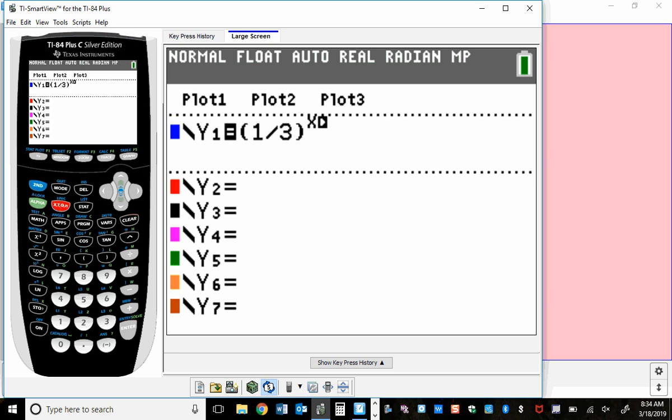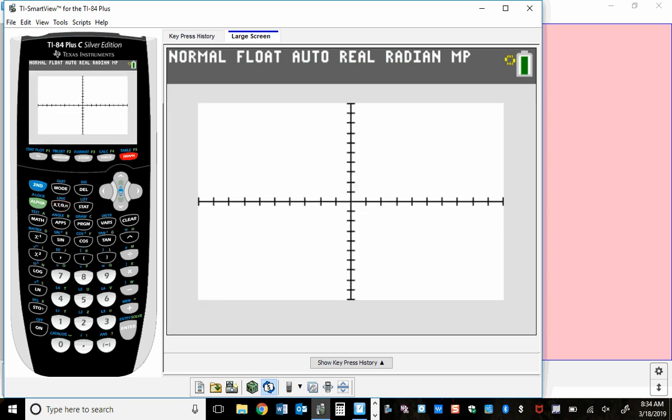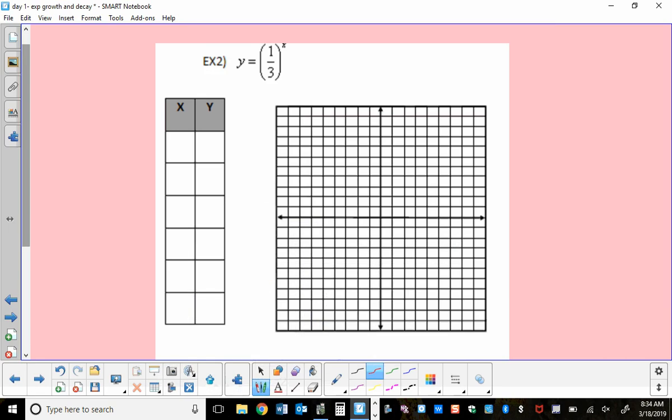In this case, once again, you just have an x by itself, so you don't have to put it in parentheses. I'm going to graph it to see what it looks like. Once again, I'm going to tell my asymptote is going to be 0. Let's get some points. Some of these points aren't perfect, but let's start at -2.